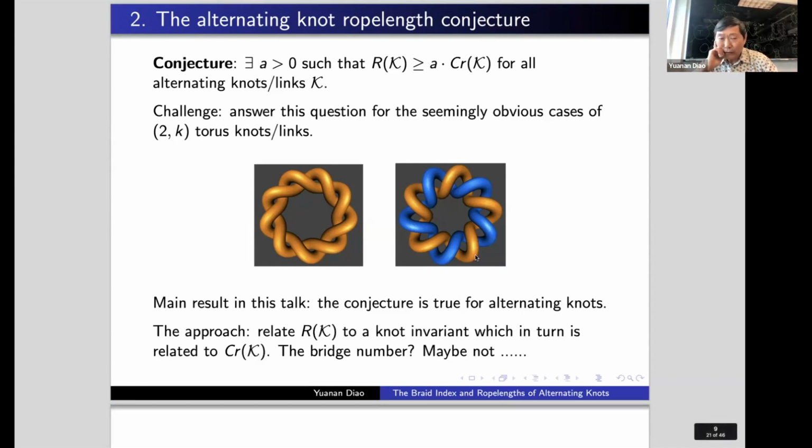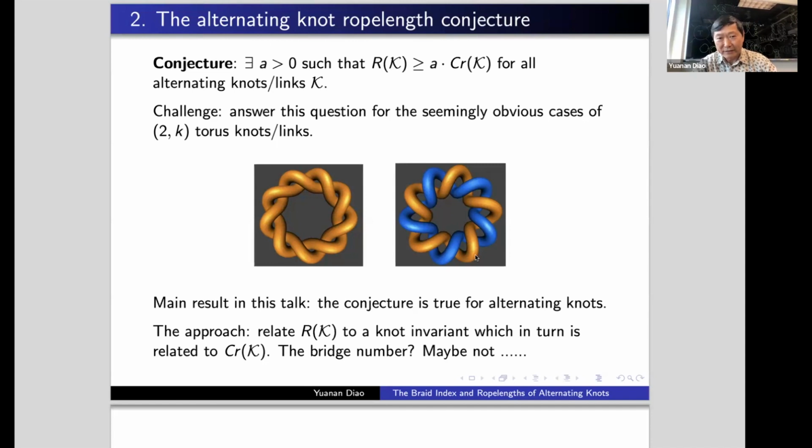And therefore, I think the plausible approach has to be that you relate the rope length to a knot invariant, and that knot invariant in turn can be related to the crossing number, and that builds the bridge.